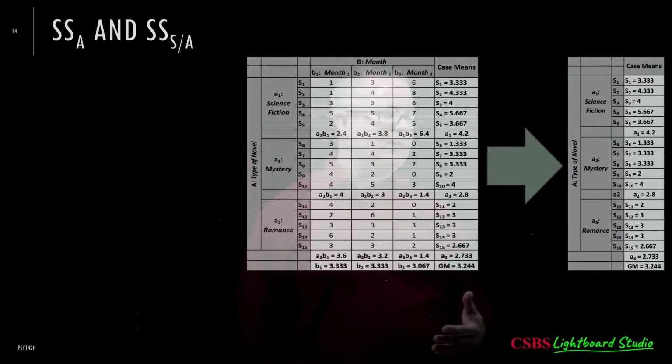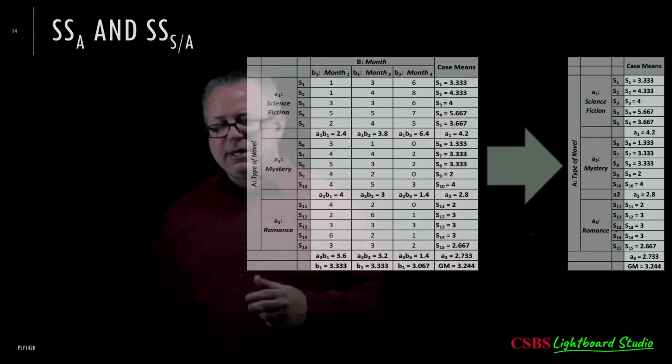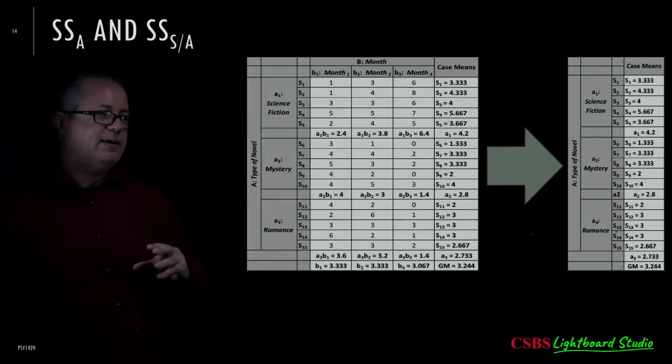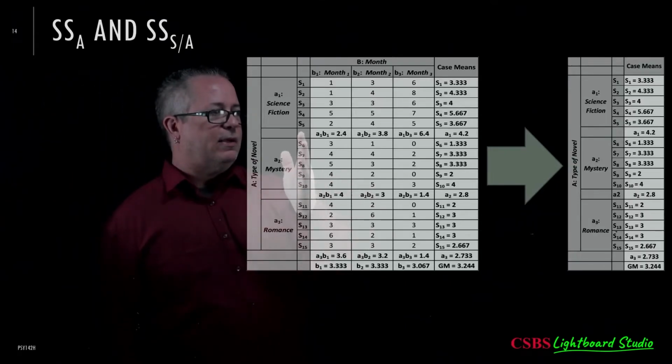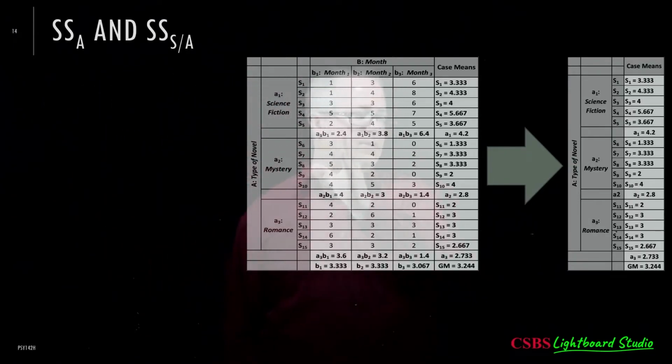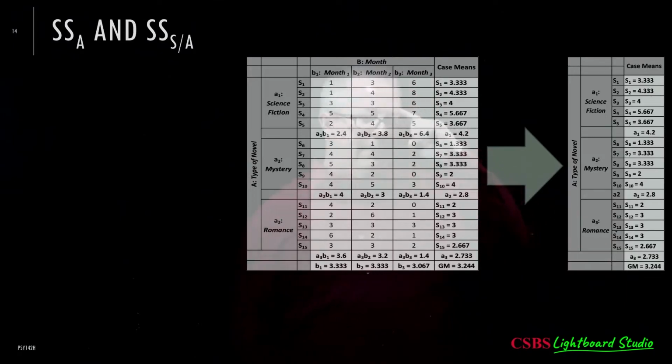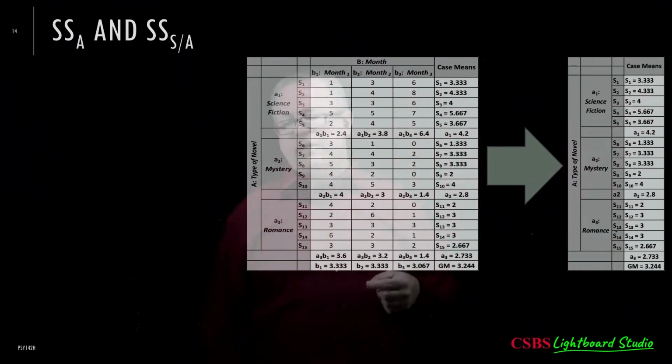What it does really is, let's pretend for a second that we're doing a one-way ANOVA with just A. I'm forgetting about all this stuff, collapsing it down to just looking at the case means and the averages in each one of those. The only thing to keep in mind is that this 3.333 is not a single response.